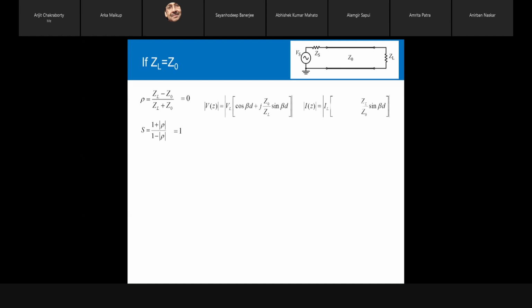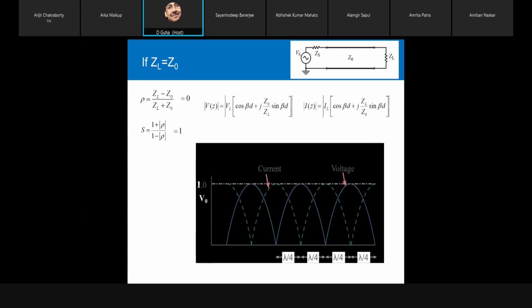The same equation we are going to use, and now you can put the value. But unfortunately, you are not getting only the cosine value. You will be getting both sine and cosine. And that's why your pattern will be a bit different.